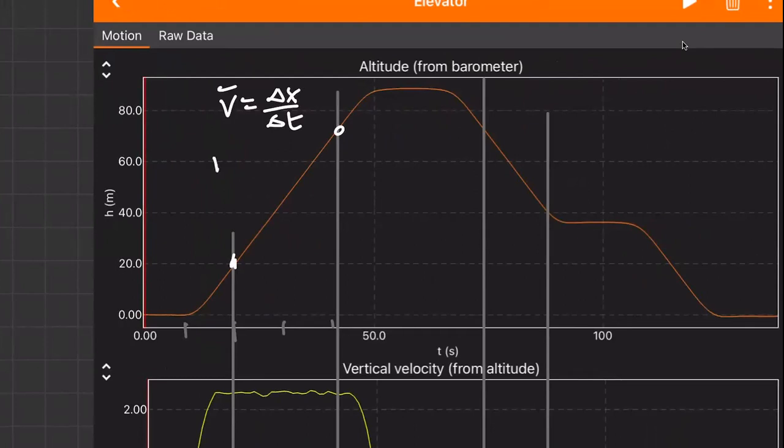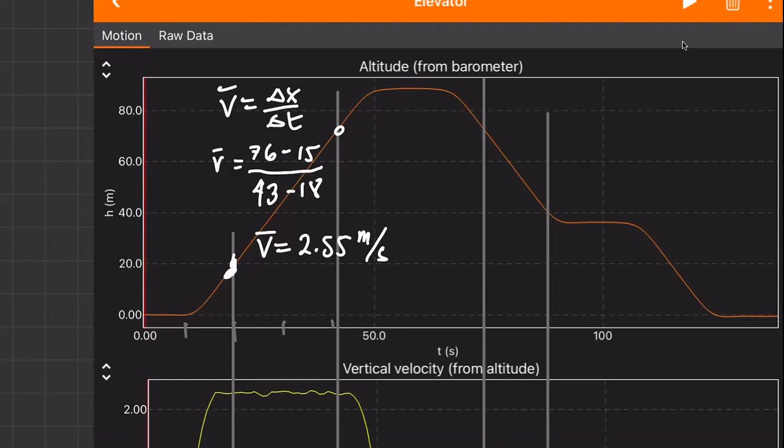I was able to get the average velocity: the x is about 76 minus 15 over 43 minus 18, something like that. So the average velocity going up is about 2.55 meter per second.